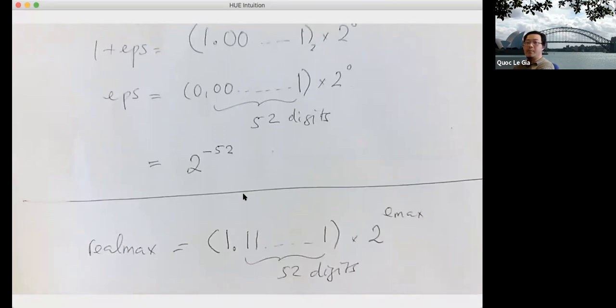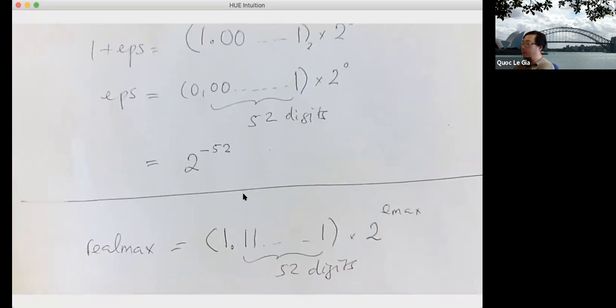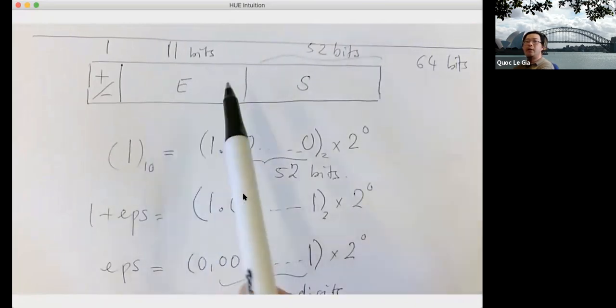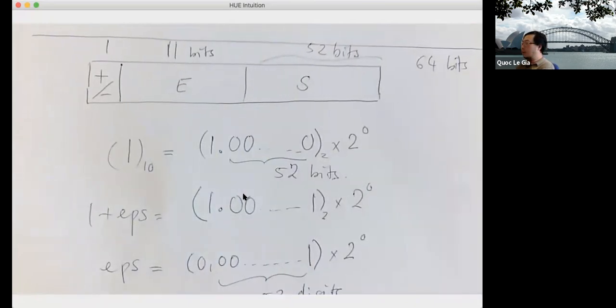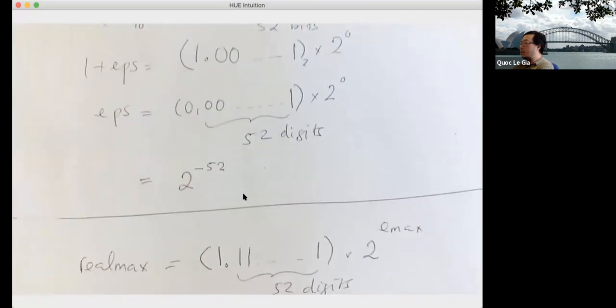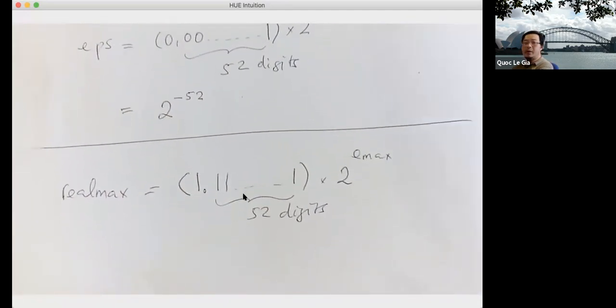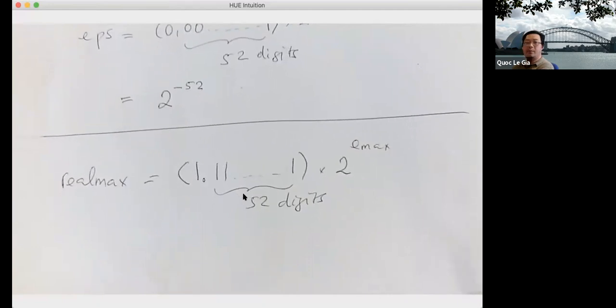Remember in the diagram we had before, we have 11 bits for the exponent. So what are the possible values for the exponent?